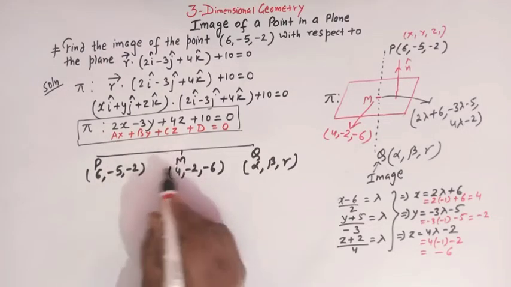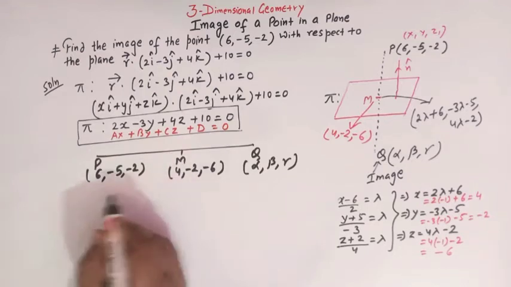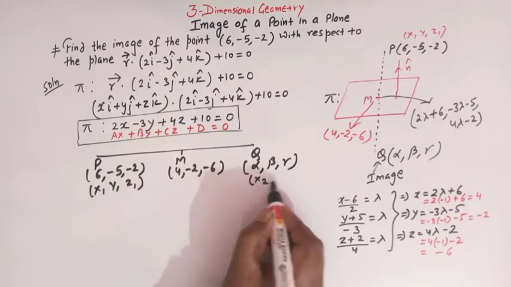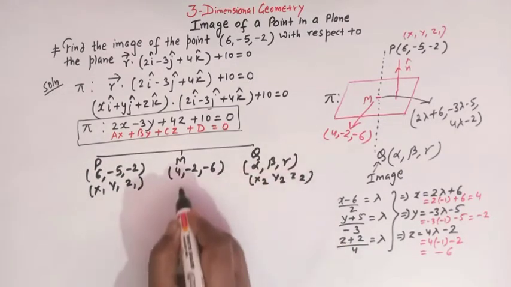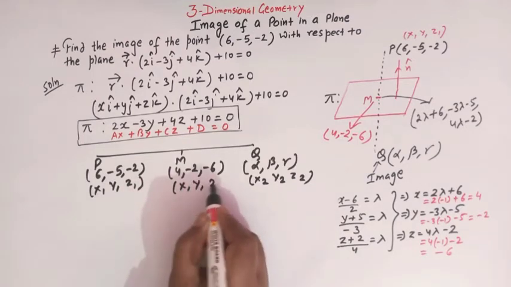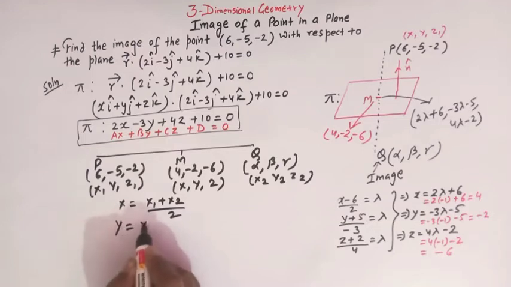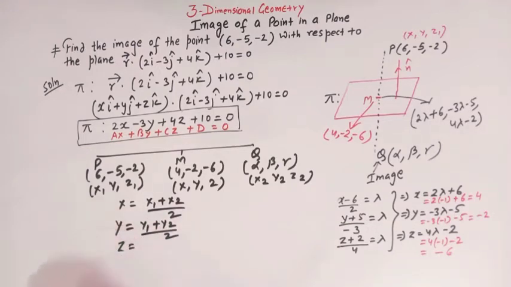Right, so now here we can utilize the concept of midpoint. Right, so the midpoint formula reads like this, that is, if this is (x1, y1, z1), this is (x2, y2, z2), and this is (x, y, z), then we know that x is equal to (x1 + x2)/2, y is (y1 + y2)/2, and z is equal to (z1 + z2)/2.